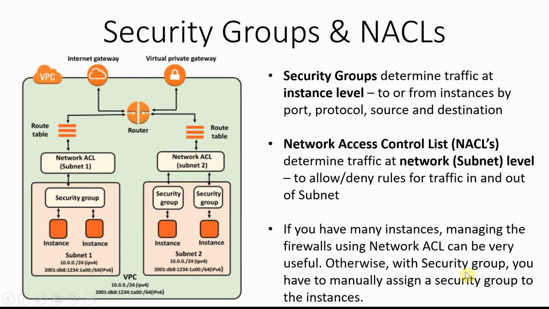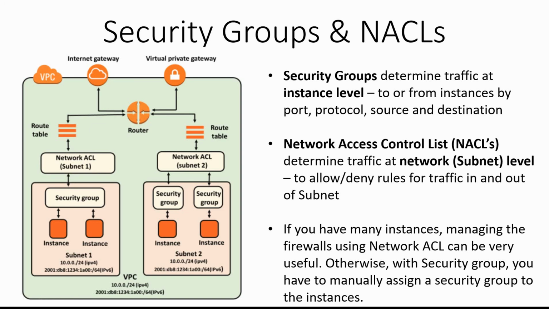Typically in enterprise you have both. For POC purposes, security group settings are sufficient. But if you have a fleet of instances you're managing, it's always good to have a second level of defense, which is this NACL. So that is the context.